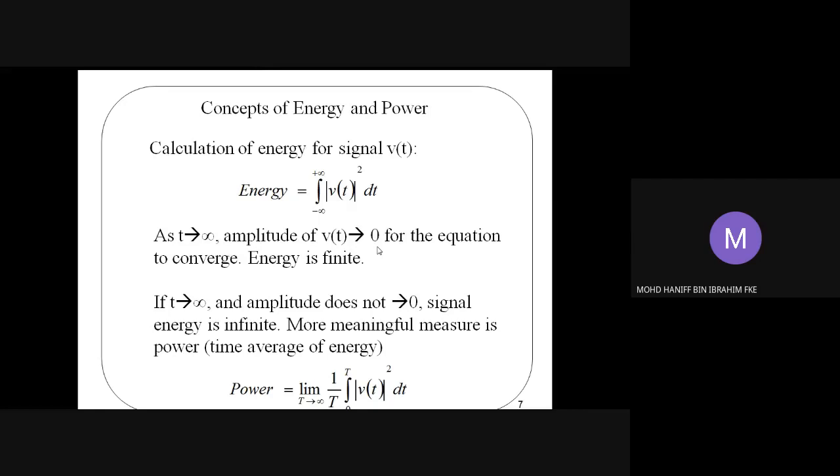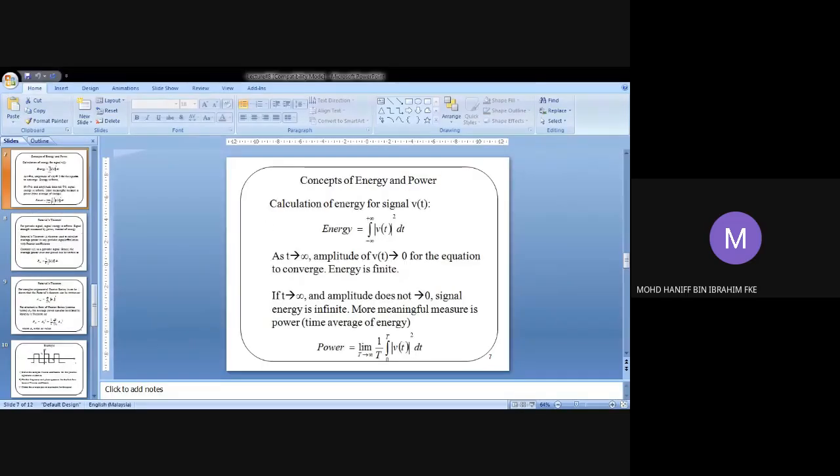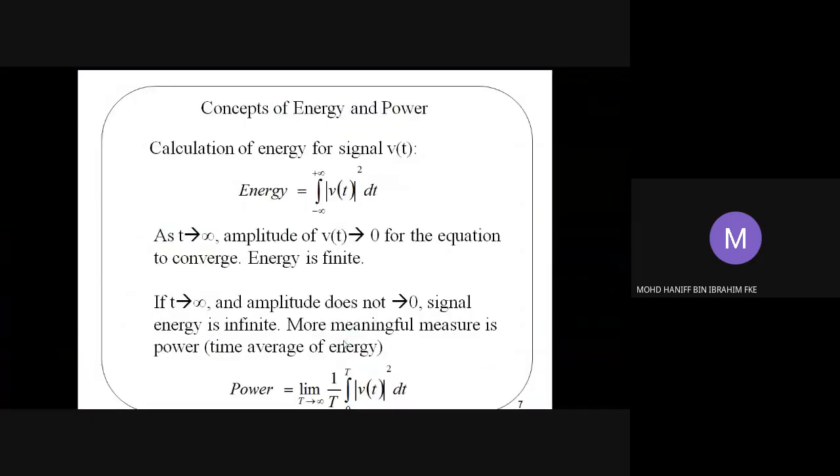So this is the first case: a signal v(t) whose amplitude approaches 0 as time goes to infinity.